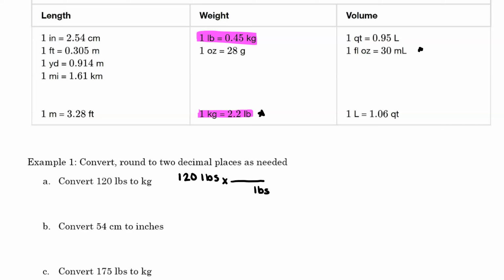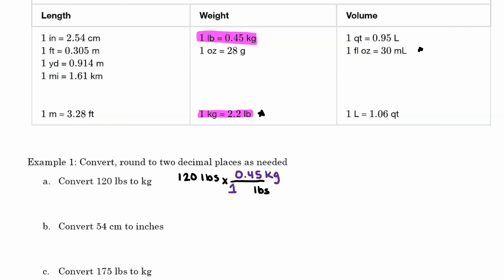Why do I say that? Well, pounds are on the bottom. So when you're dividing, it's easier to multiply than it is to divide. So here, I would put 1 pound on the bottom, because then I'm just dividing by 1, and 0.45 kilograms on top.